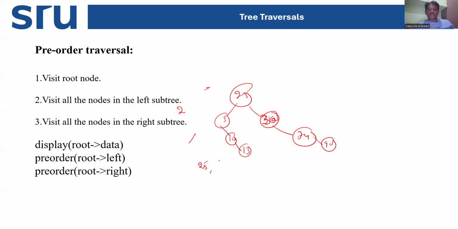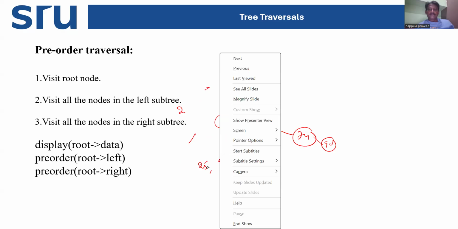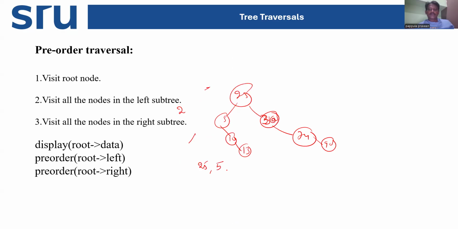Left child, what is the value? 5. Is there any left child of the 5? No. Then visit 10. Is there any left child? No. Then visit 13. Left child? No. And 30, 74, and 90. This is the pre-order traversal.